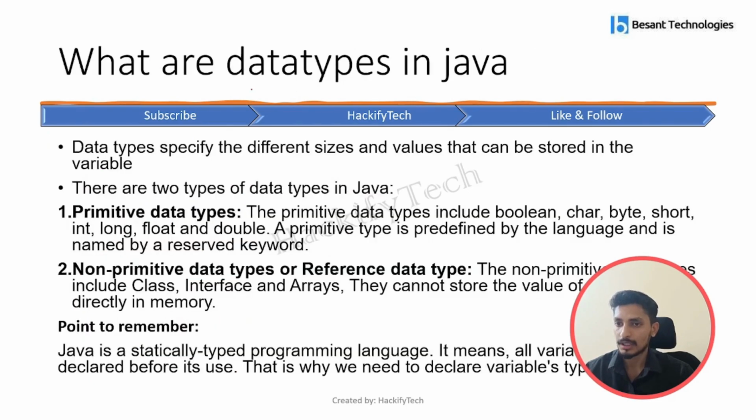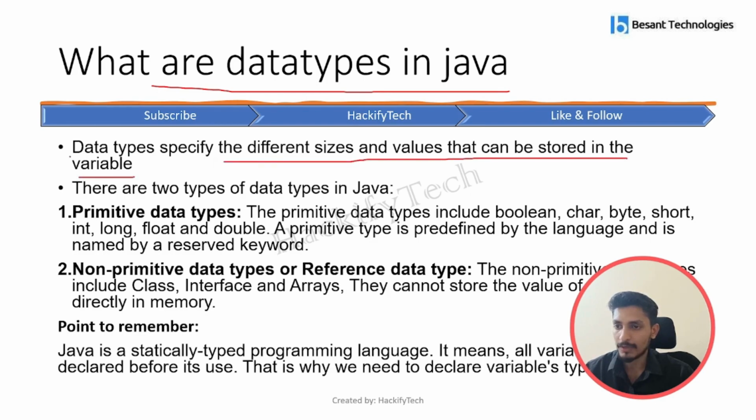The next question we have is, what are data types in Java? A data type is nothing but the different sizes of values that can be stored in a variable. The size of the variable and what value you need to store in it is decided based on the data type of that variable.